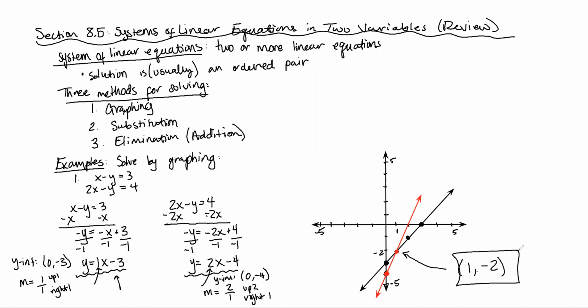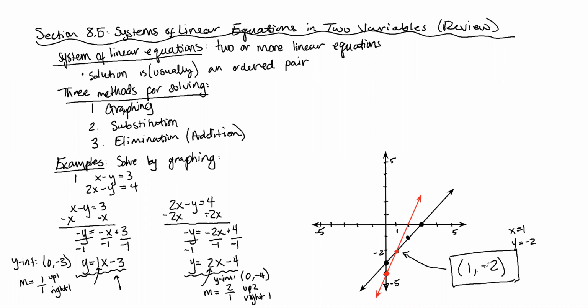And this is what your actual solution is. So you want to make sure that you actually put the point as your solution. Just graphing it isn't enough. You have to say what that point is, or you could just say x equals 1, y equals -2. Those would both be correct, but usually we want to write it as an ordered pair.